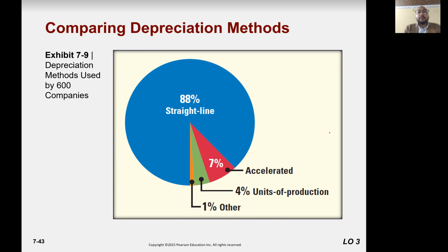In the US, 88% of companies use straight line depreciation, 7% use accelerated, 4% use unit of production, and 1% use other uniquely defined depreciation methods. All right.